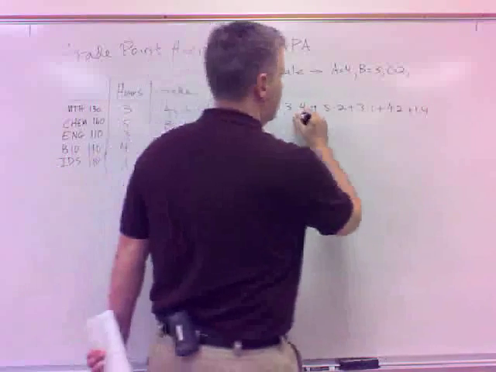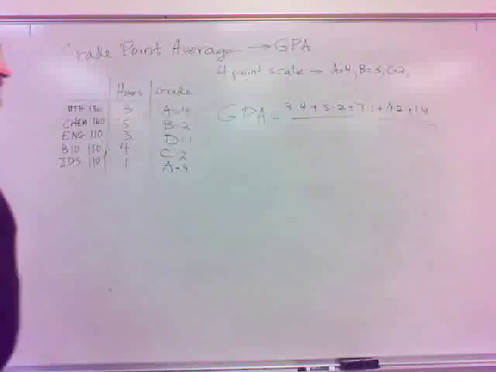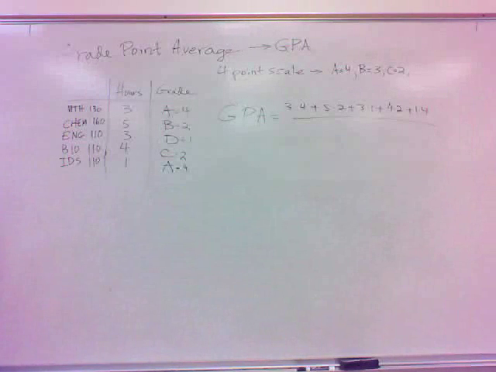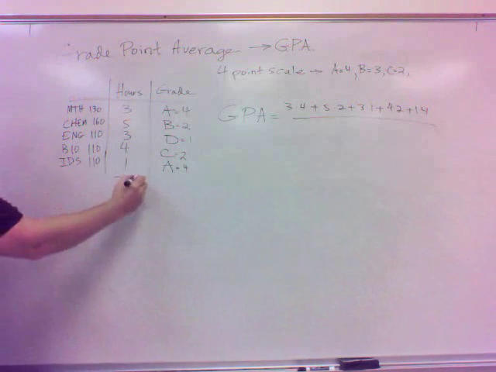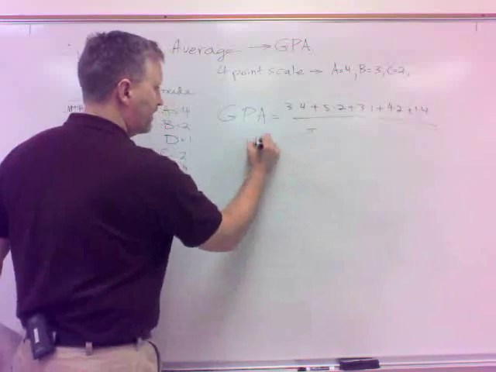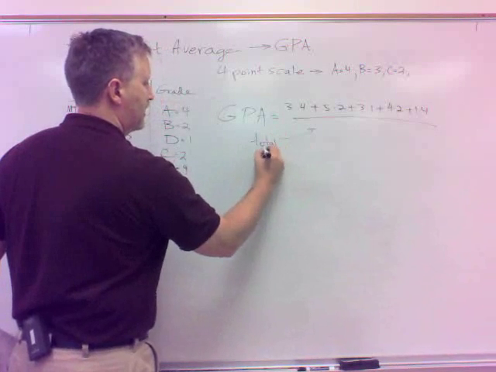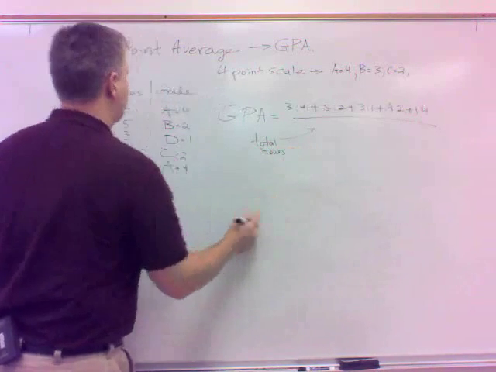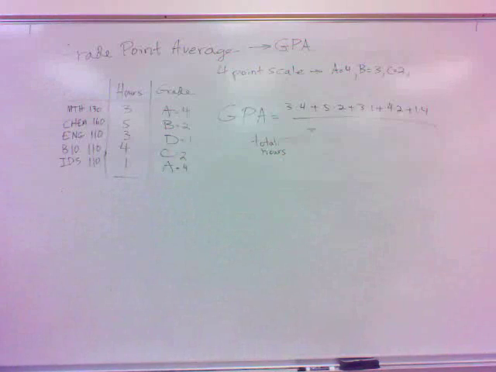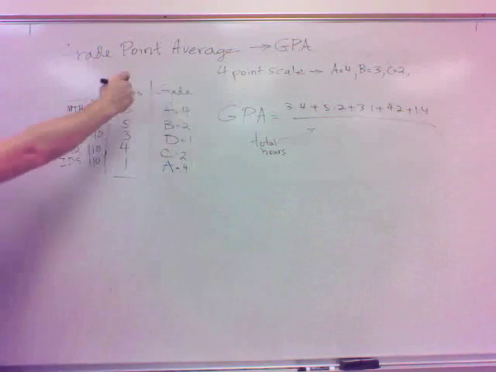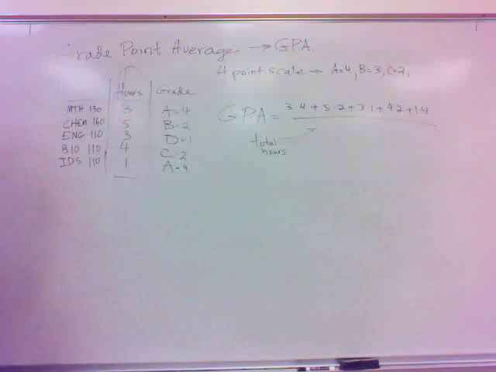Now, the other little tricky part is, what do we divide by? Well, come to find out, you need to divide by how many hours you're taking. The bottom number here is total hours. Not how many classes you're taking, not what the grades add up to be. It's the total hours. And this is the way they have them arranged in the book.